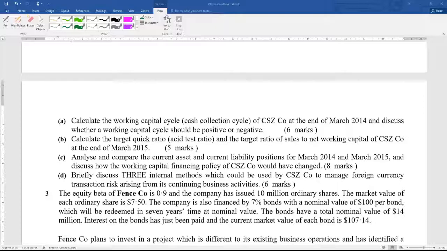Think of the days for inventory, the days for debtors, and the days for payables. It's positive. Why do you think it's positive? Because they have more receivables than payables. Are you sure?